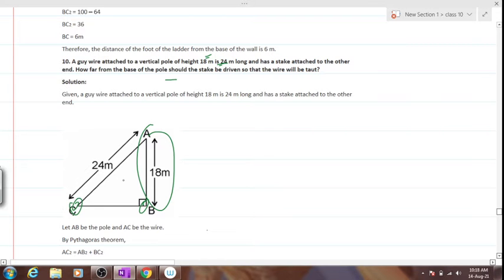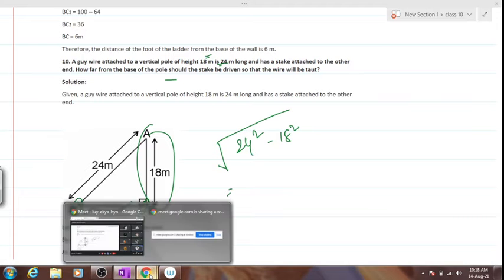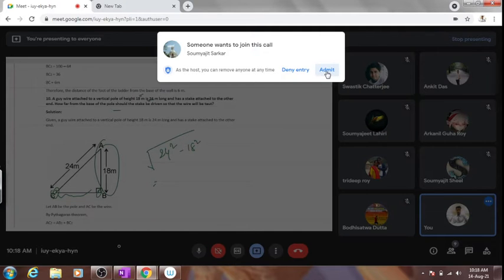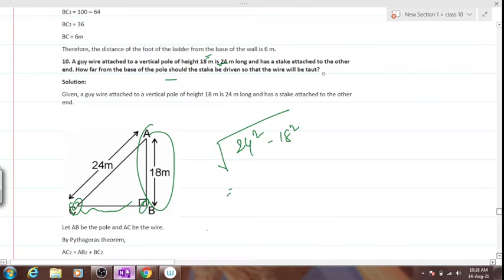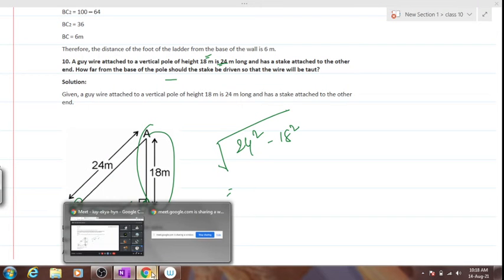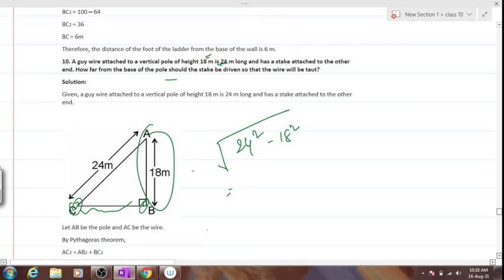Clear? Can we calculate this by Pythagoras theorem? Root over 24 square minus 18 square. Can anybody tell me what is the answer? Hurry up. Anyone, the answer in the chat box?